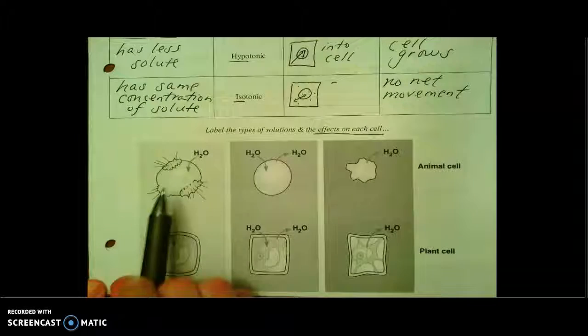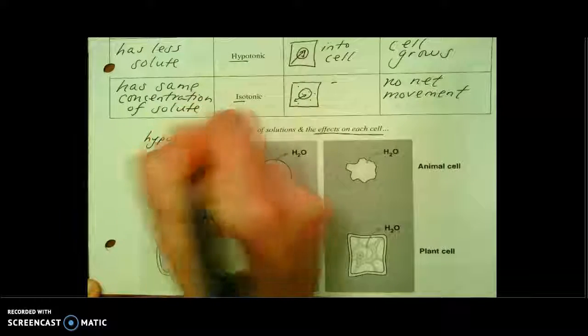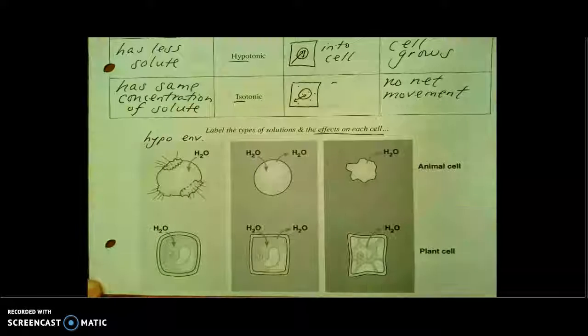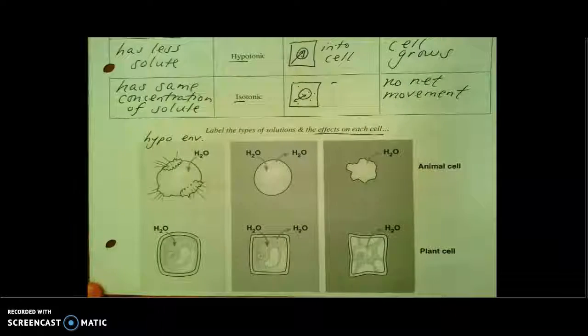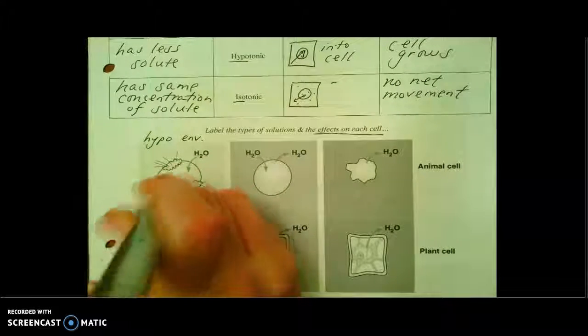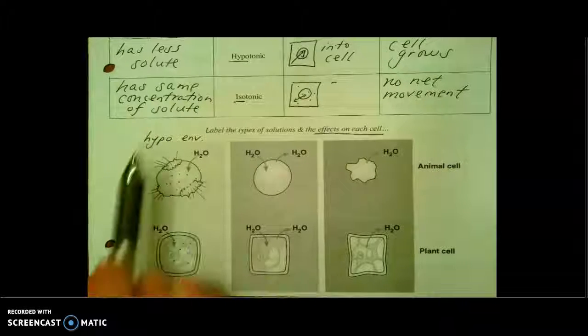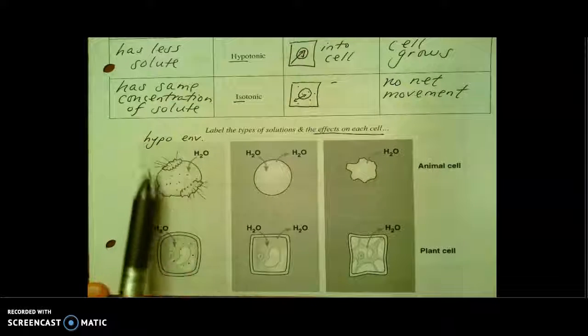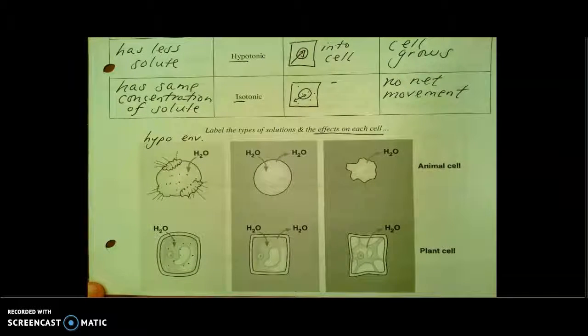So here we've got a cell, and it has been placed in a hypotonic environment, meaning there's less solute surrounding the cell, therefore more solute inside of the cell. Hypo, below, less solute out here, which is why water rushes in to get to where all that solute is at.